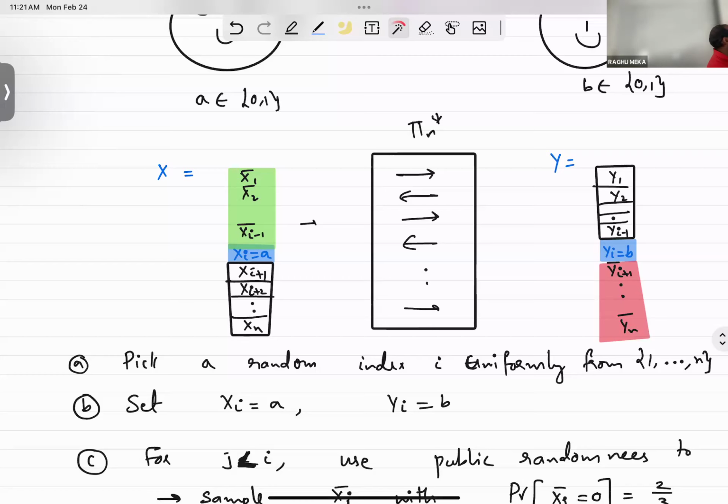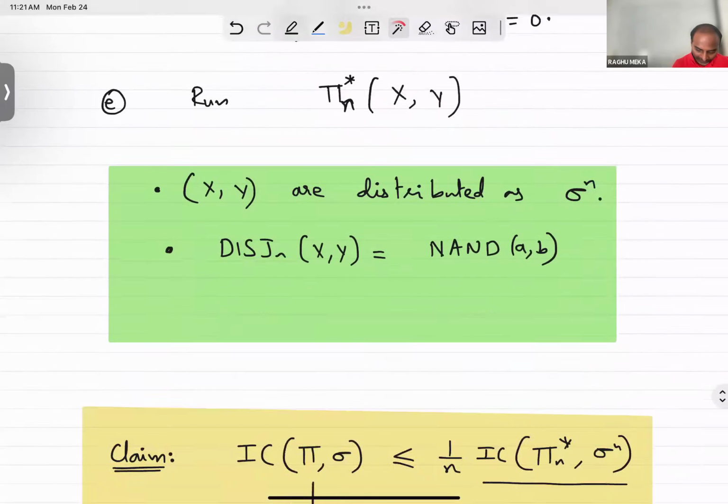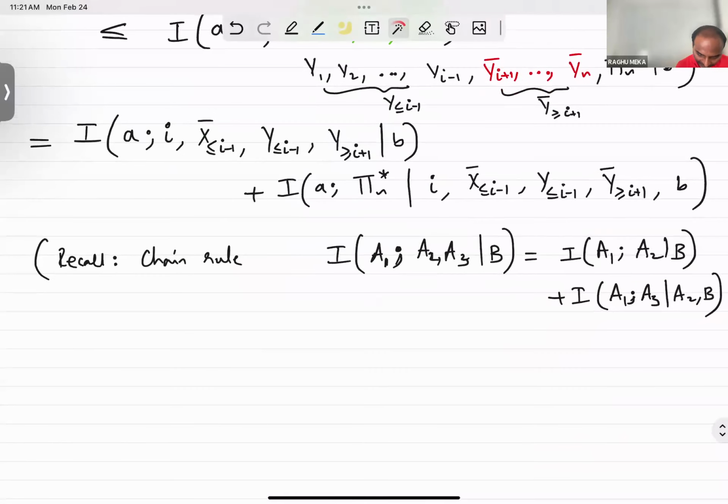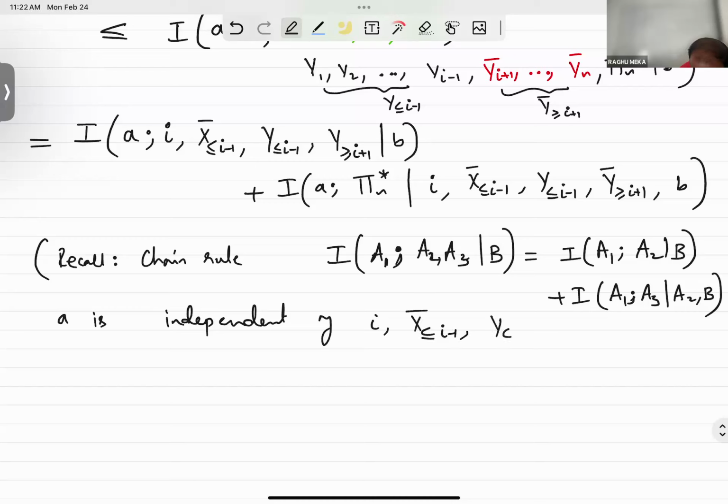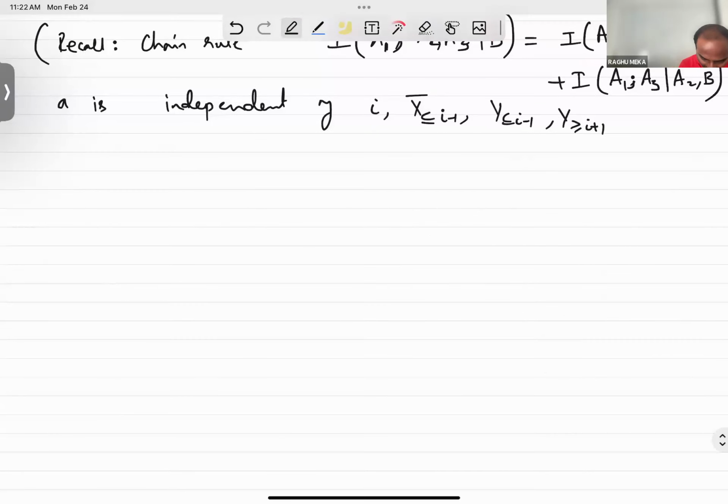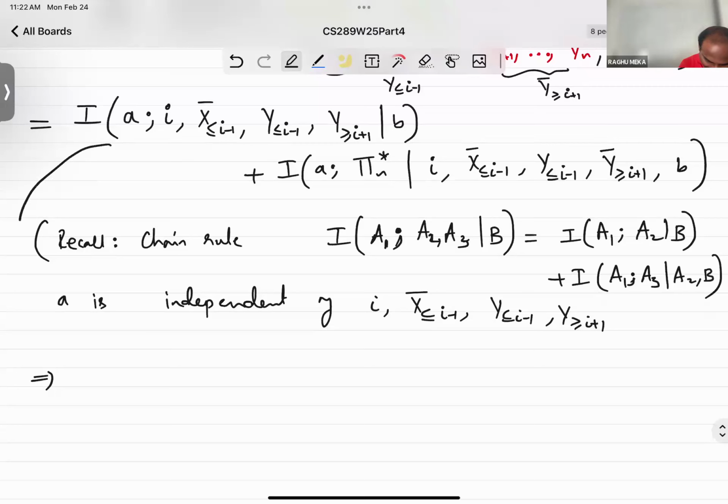None of those things ever involved anything to do with A or B. So A is independent of I, and this independence holds for both A and B, in fact, right? So that implies that this term is equal to a big zero, plus something.